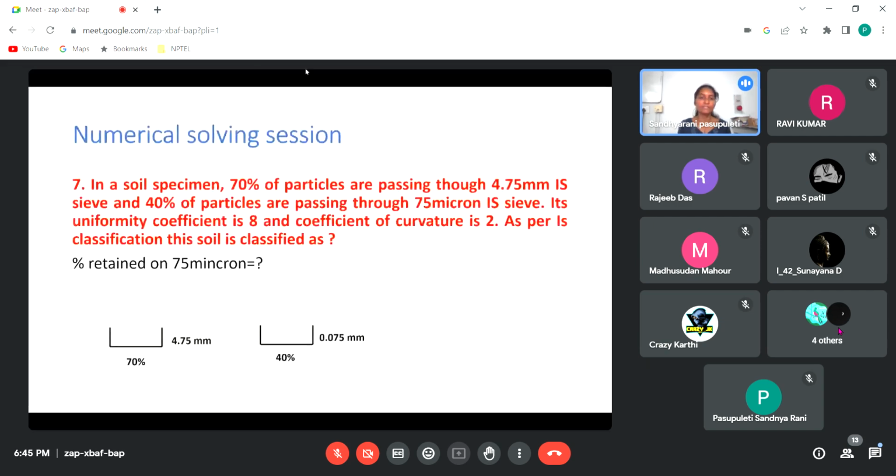So you can see here, they have given there is a 4.75 sieve, 70% is passing, and there is another sieve which is 75 micron sieve, so 40% is passing. So first I have to confirm whether my type of soil is gravel or sand. So when do we call a soil as gravel? When do we call a soil as sand?